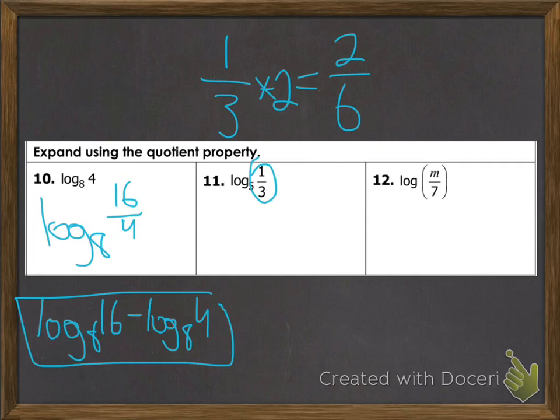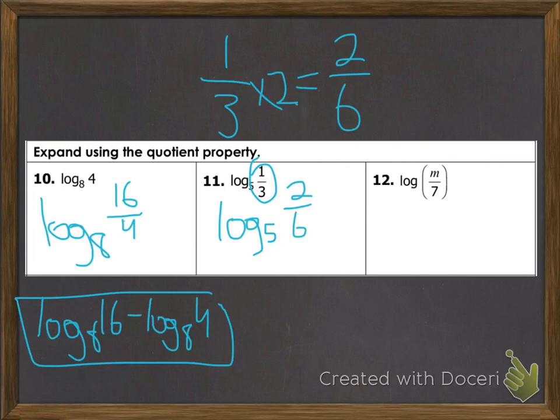So now I'm going to be looking at log base 5 of 2 over 6. You can multiply 1/3 by anything. You could do times 3, you could do times 4, you can do times 100 if you want. Anything works, but just to keep things easy, I multiplied it by 2.